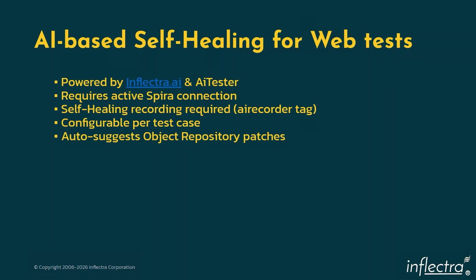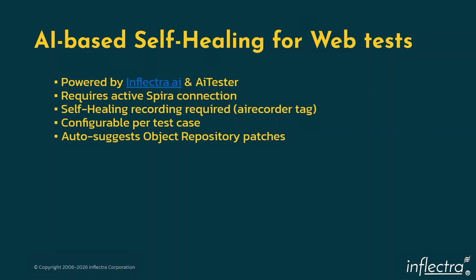Here are some facts about self-healing. You need to have an Inflectra.ai subscription for self-healing, and you need to connect Rapise to Spira with Inflectra.ai enabled, and you need to record your test cases with self-healing already enabled through the AI Recorder tag.